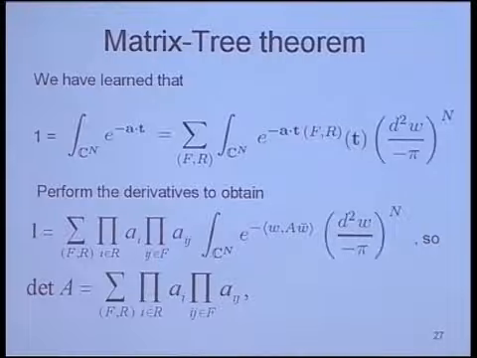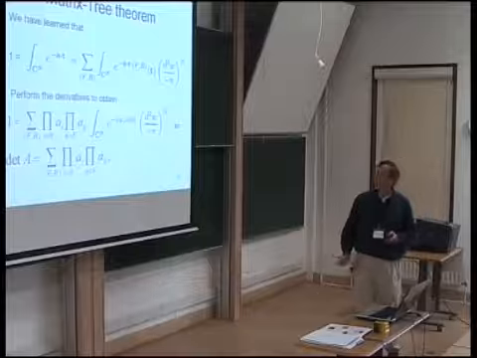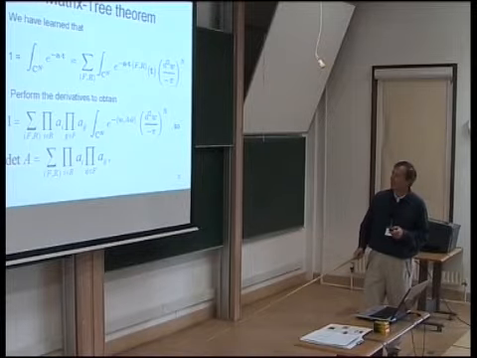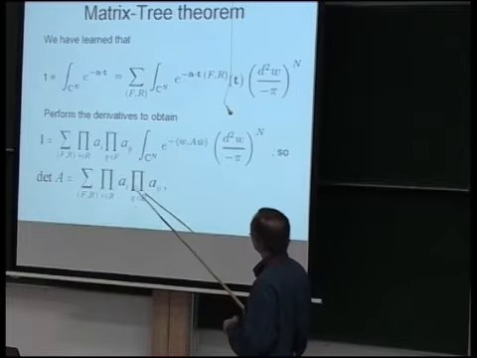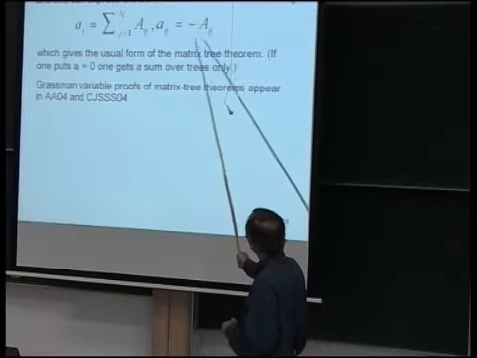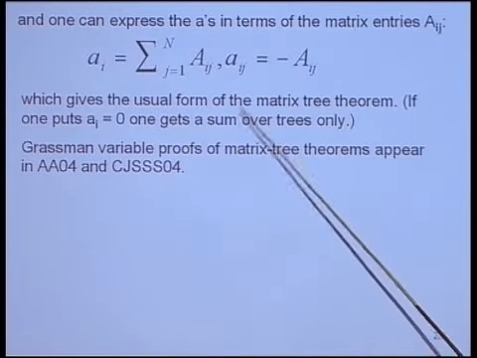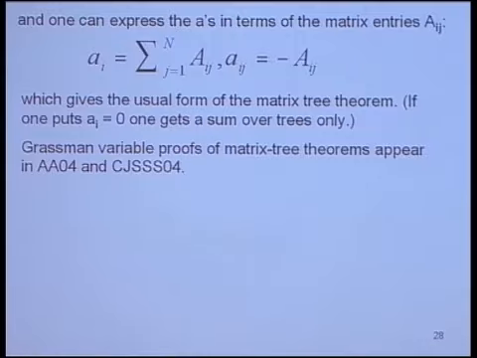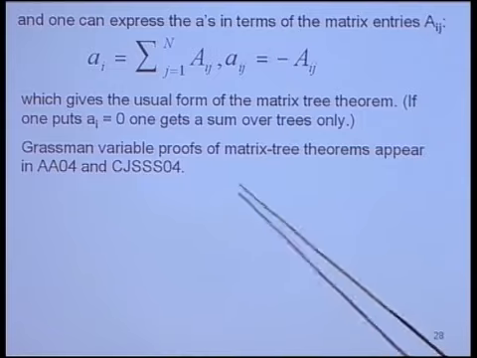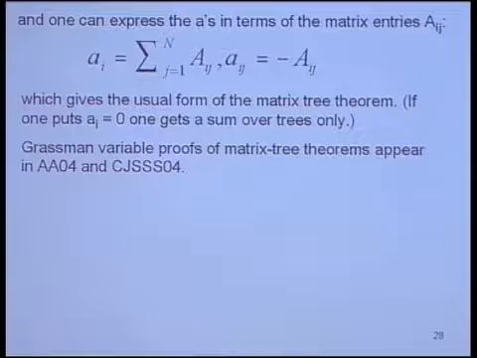So maybe it should be called the Kirchhoff-Witten theorem, because if we use the cosmological proof, you have to go back to the A language, so this is re-expressed in terms of the A's to get the traditional way of expressing the matrix tree formula. And as we've seen, other people have talked about these Grassmann proofs of forest root of matrix tree.